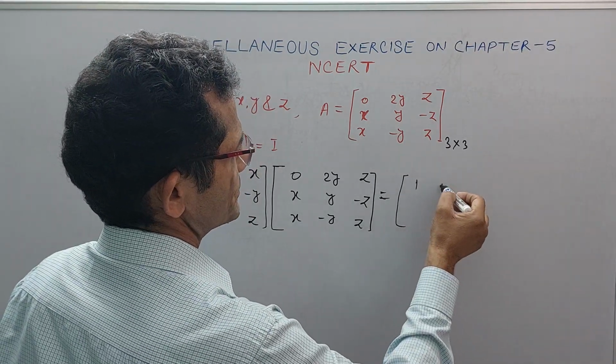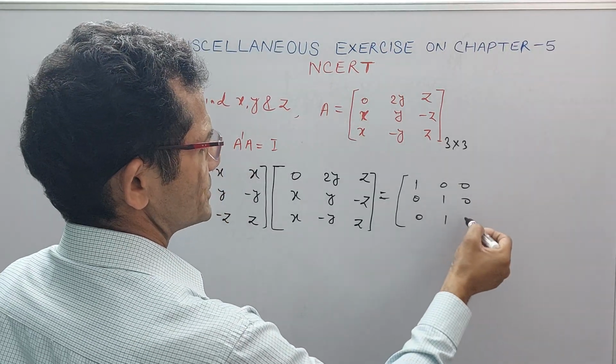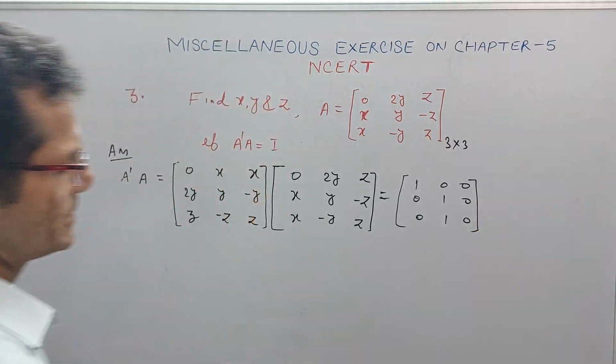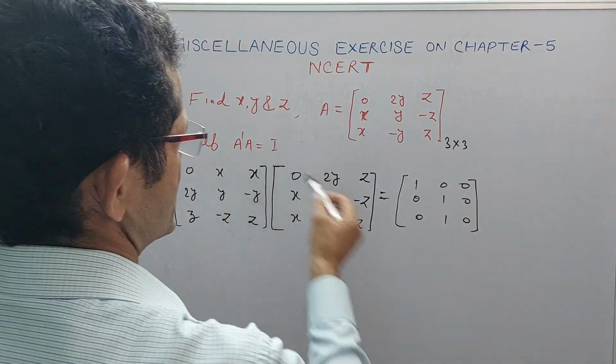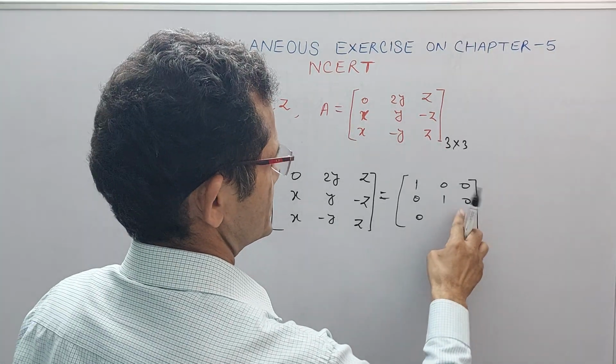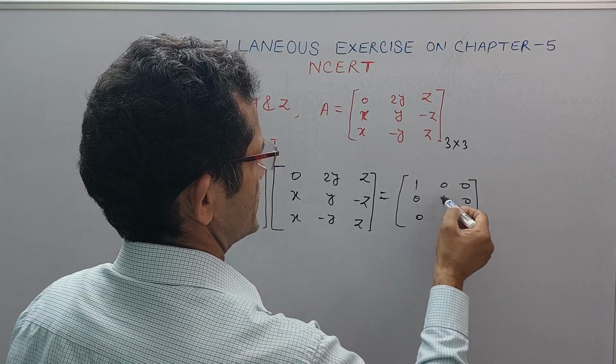Here 1 0 0, 0 1 0 and 0 0 1. So its diagonal entries are all 1. Identity matrix is also a scalar matrix and also a diagonal matrix.